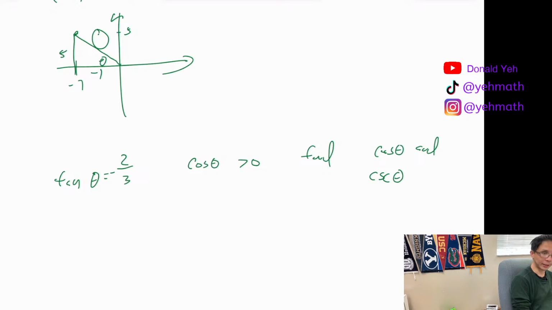If tangent theta is equal to -2/3, cosine theta is greater than 0. This one you cannot use a calculator.